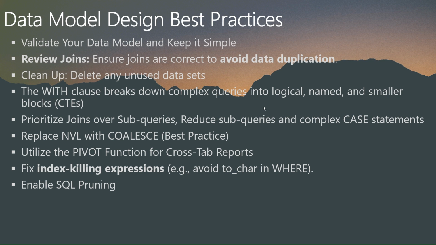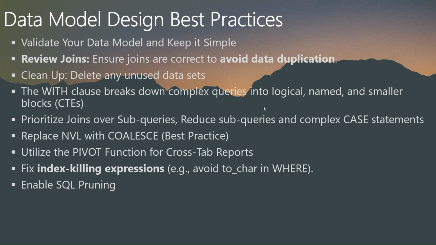The next one is prioritize joins over subqueries, and reduce subqueries and complex case statements. Instead of subqueries, you can go for normal joins. The next one is replace the NVL function with COALESCE. It is a best practice. And the next one is utilize the PIVOT function for cross-table reports.